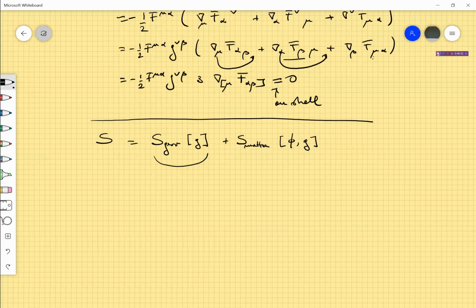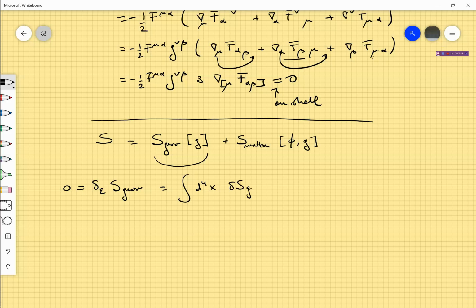Okay, let's just consider the variation of this action with respect to the general coordinate transformations, infinitesimal general coordinate transformations that we studied before. Clearly, this action has to satisfy also the principle of general covariance, so this has to be 0. And now, okay, making the argument really short, because we don't know what is the form of this action, but we know that the result of varying will be something like this, plus total derivatives.